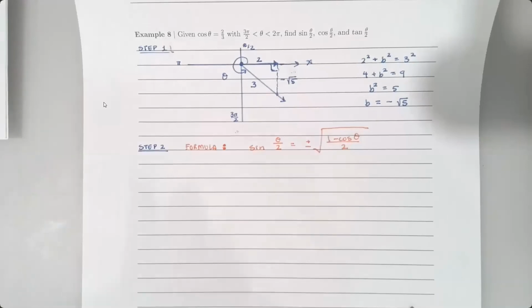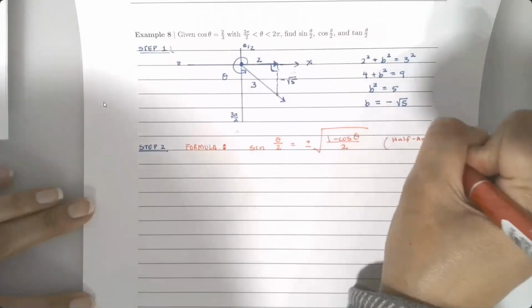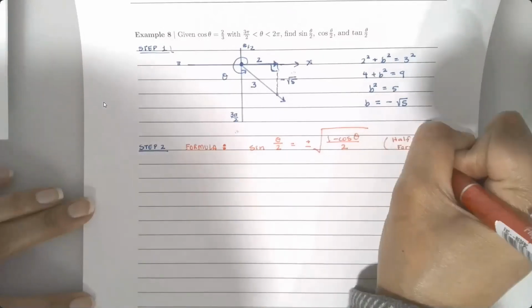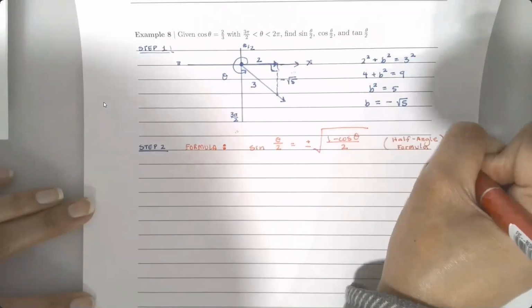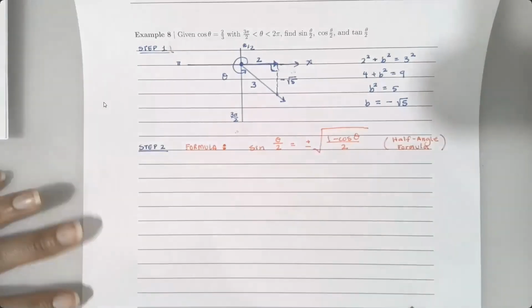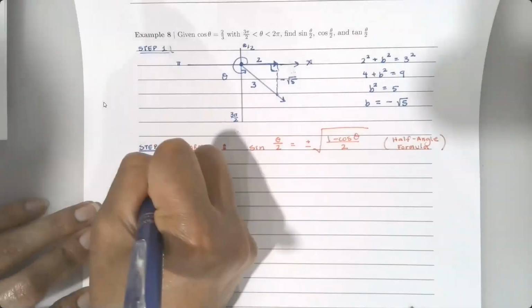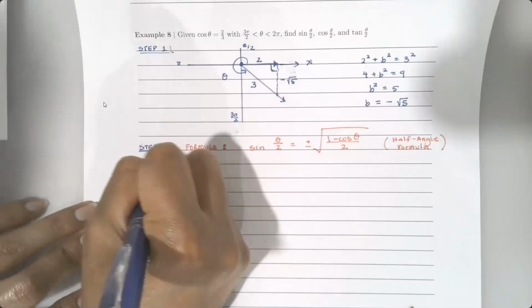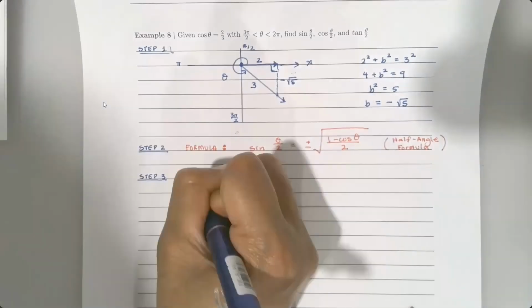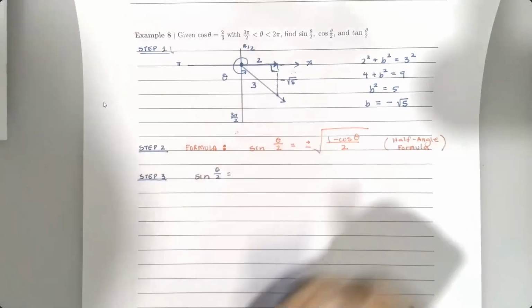And I'll write, this is a half angle formula. Now, in order to apply it, we're going to write sine of theta over 2 is equal to, we have to pick only one symbol.